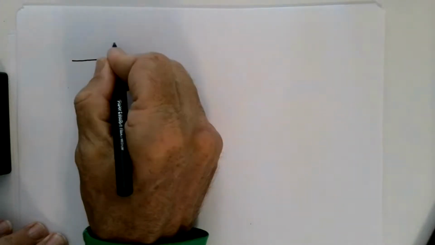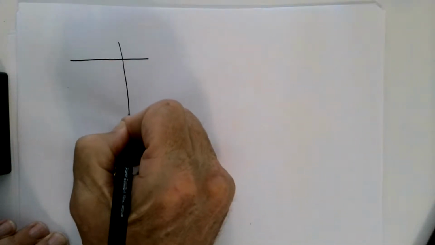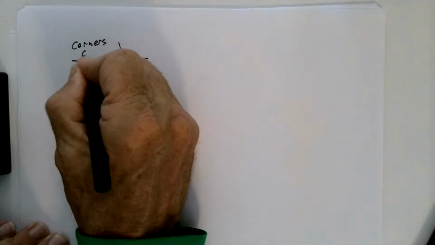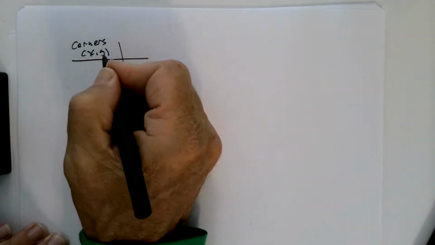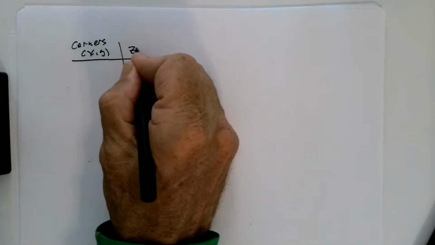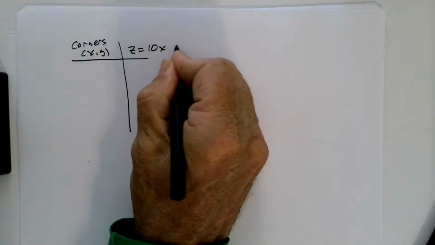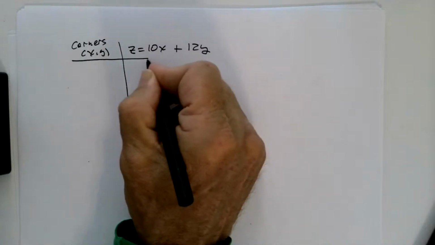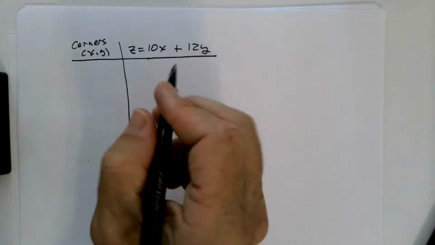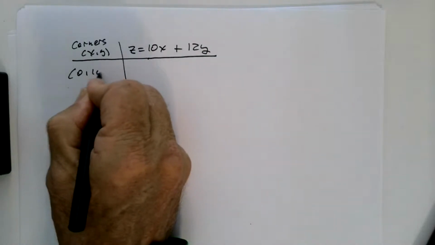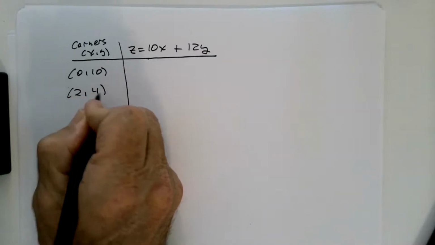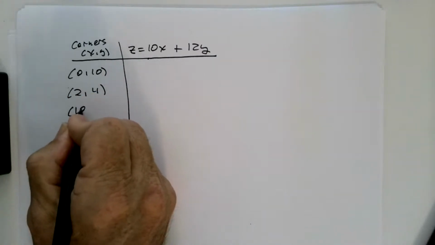We will not have a maximum. So corner points of the form x comma y. And then we have what we're trying to optimize, z equals 10x plus 12y. And we're trying to minimize. So our corner points again were 0, 10, 2, 4, and 10, 0.